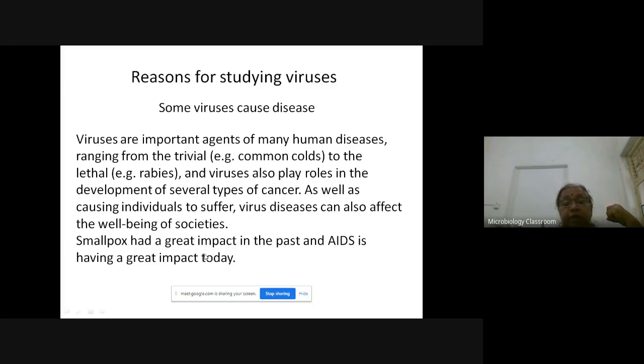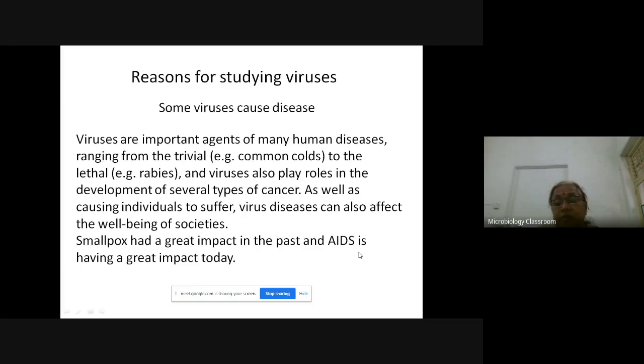The example again, in the past we can see smallpox had a great impact. Now smallpox has been eradicated. And in newer cases, AIDS is also one of the diseases spread by viruses, and several other diseases also have made a great impact.